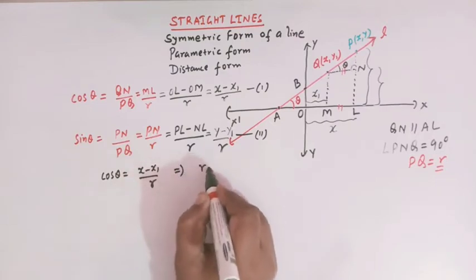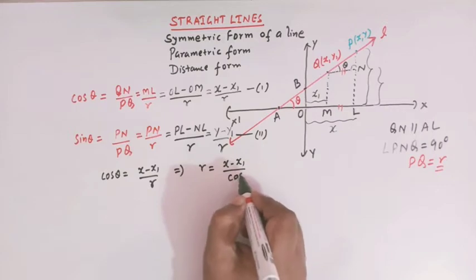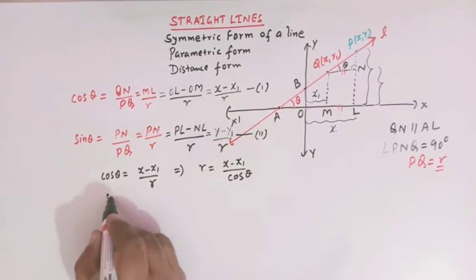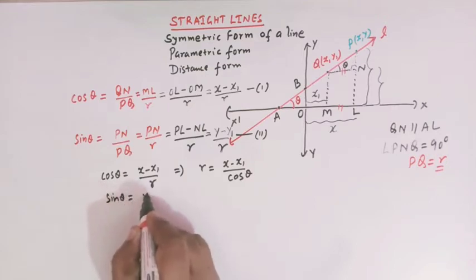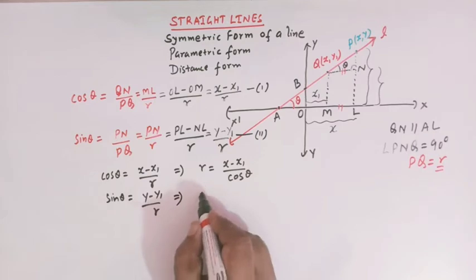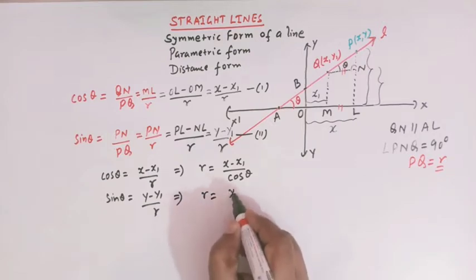We can write r is equal to x minus x1 over cosine theta. And from the other equation, sine theta is equal to y minus y1 over r, so taking r and sine theta to the other sides, r is equal to y minus y1 over sine theta.